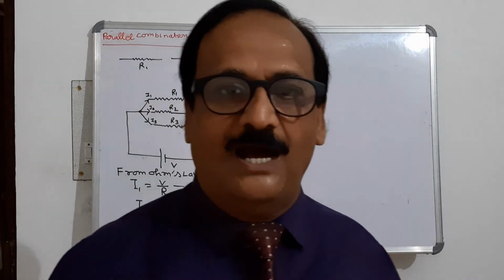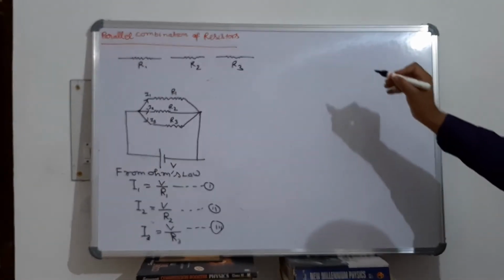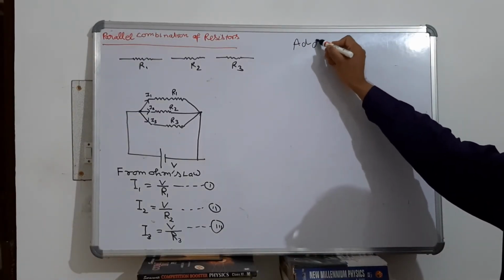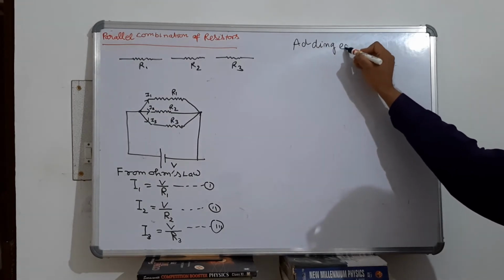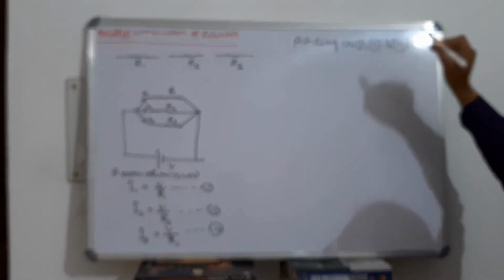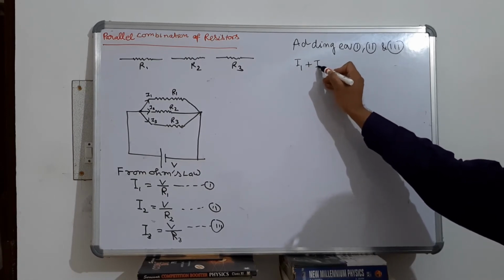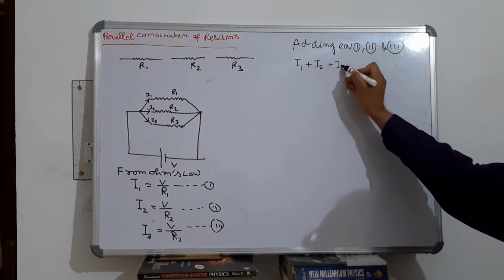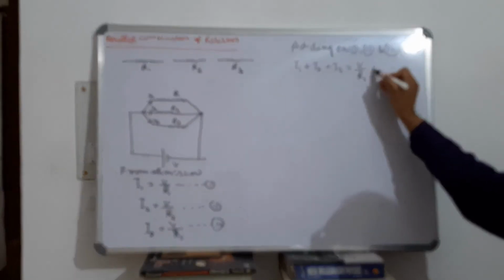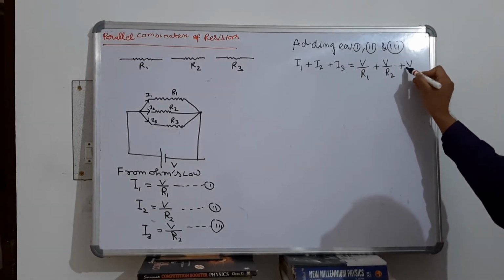Now I will add all three equations and see what happens. Adding equation 1, 2 and 3, we get I1 plus I2 plus I3 is equal to V upon R1 plus V upon R2 plus V upon R3.